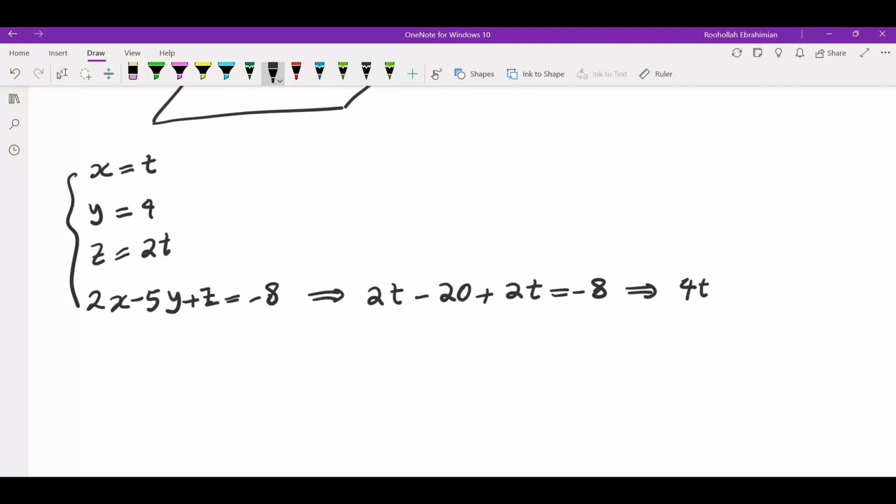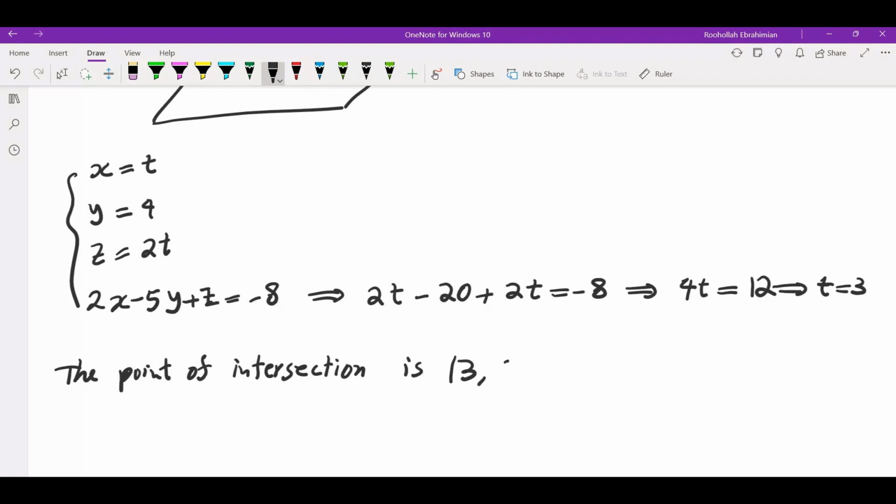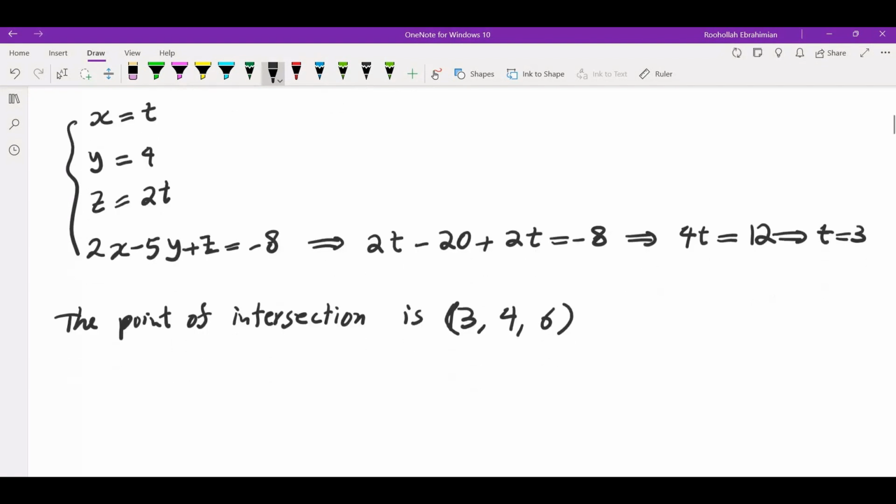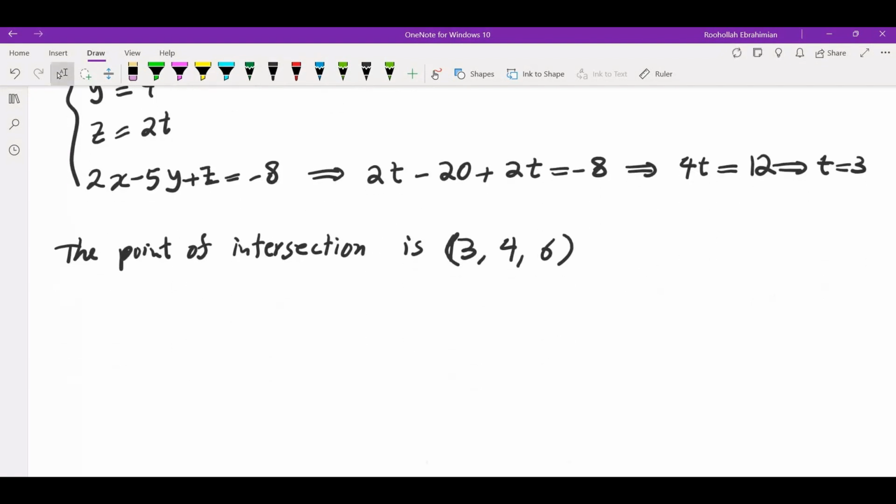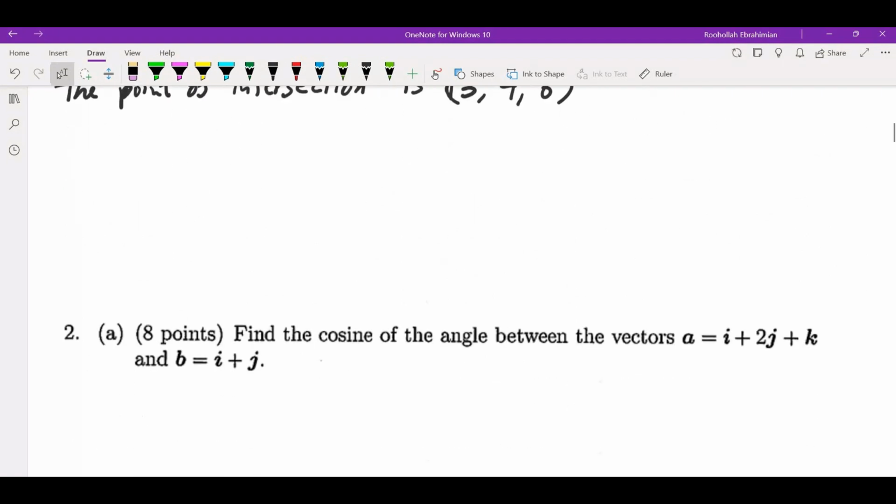So this gives us 4t equals 12. So that tells us that t equals 3. So the point of intersection is (3, 4, 6). And we can plug 3, 4, 6 into the equation. We get 6 minus 20 plus 6, which is in fact -8.